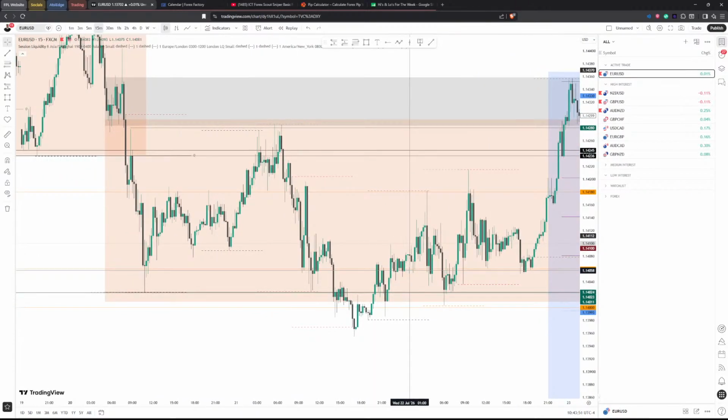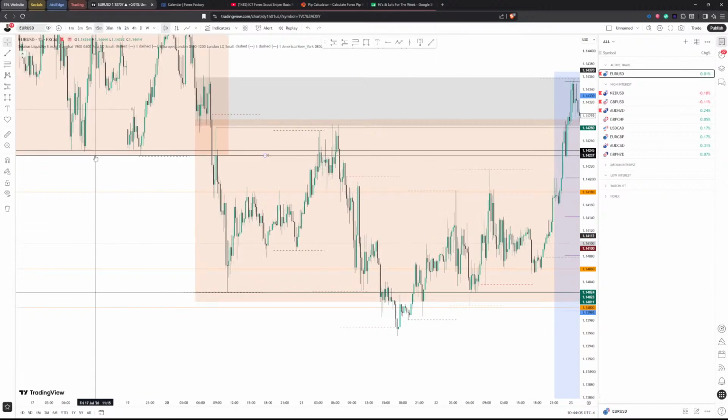Okay, third and final consolidation box. So after price reaches this, we retest the bottom of the previous consolidation box or range.